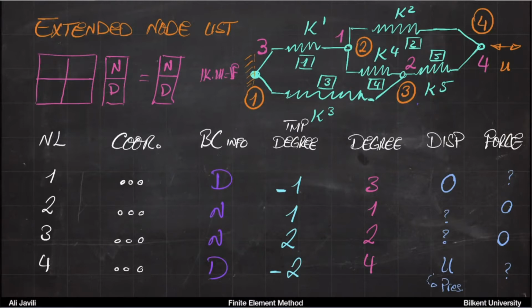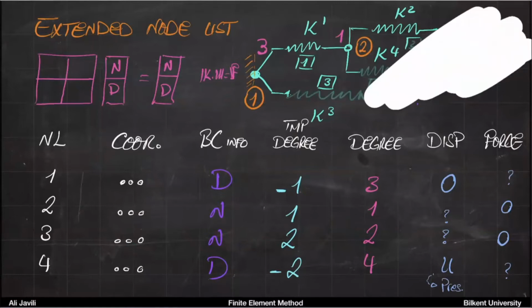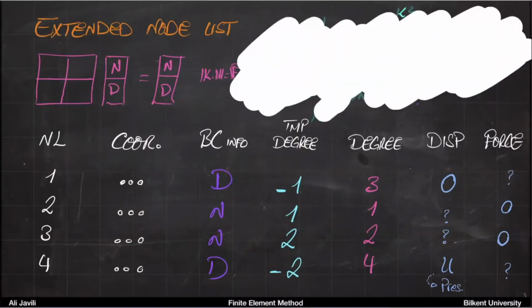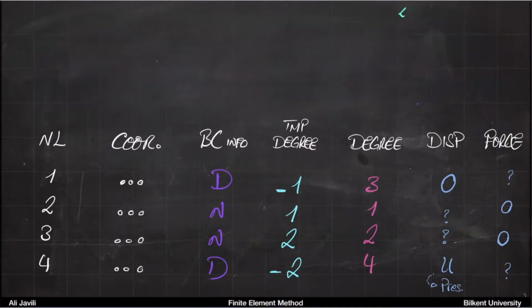Now, if instead of this system, we had the same system, but now in 2D. So if we had a similar system in 2D, what would happen?